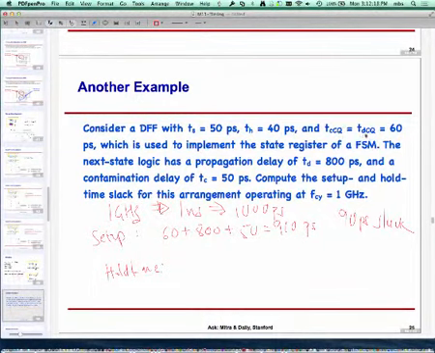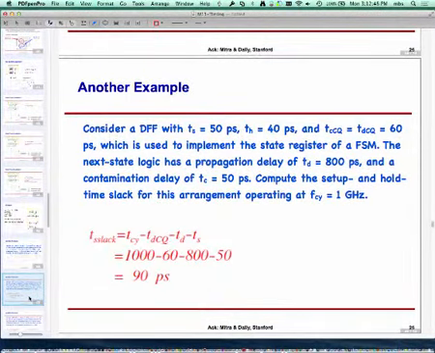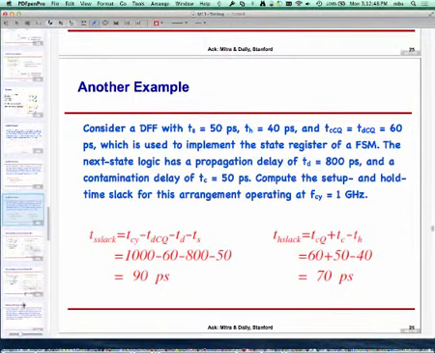So we look at the contamination delay of the flip-flop, which is 60, plus contamination delay through the logic, which is 50, which is 110, and it is greater than the hold time, which is 40, which is good too. We have a 70 picosecond slack. Okay, so that's this example. The book has many examples at the back, so I would strongly encourage you to work them out. Okay, I didn't realize I had the solution there.